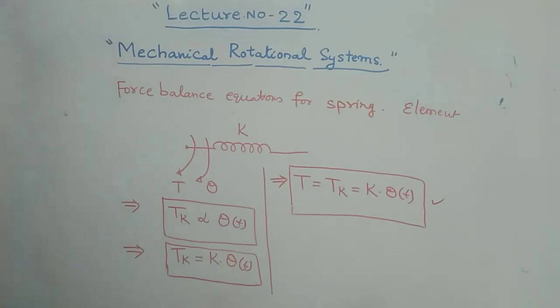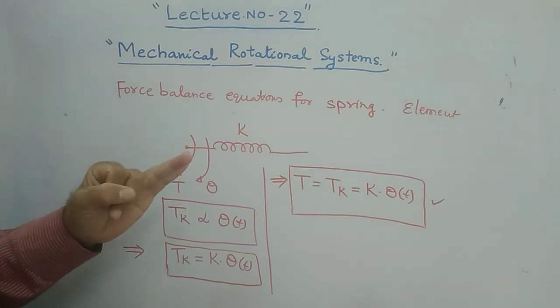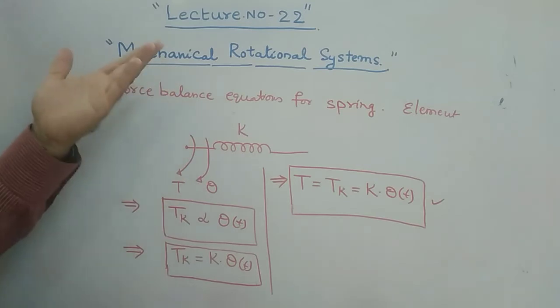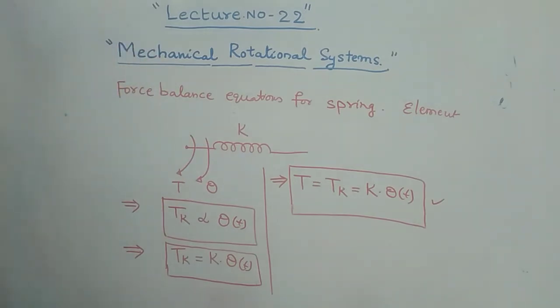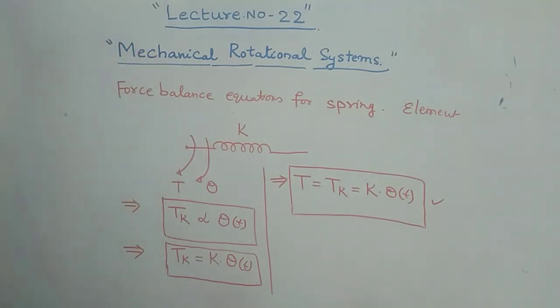So in a rotational system we have three basic elements. The first is the moment of inertia, the second is the dash pot element, similar to the mechanical translational system, and the third is the spring element, which is also the same as in the mechanical translational system.